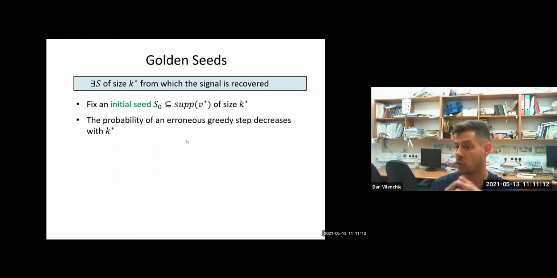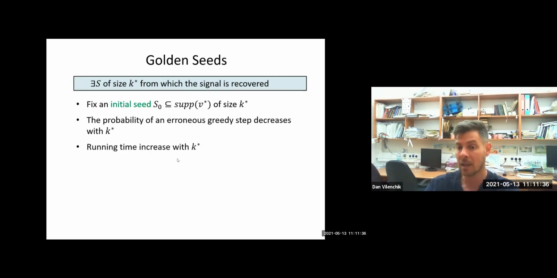Because the seed is like an attractor, it's like a magnet. Due to this model, the single spike model, but in general, you expect that features that are part of the signal have a larger covariance between themselves compared to other features. Now, as the magnet grows, its probability of attracting wrong features, noise features, decreases.